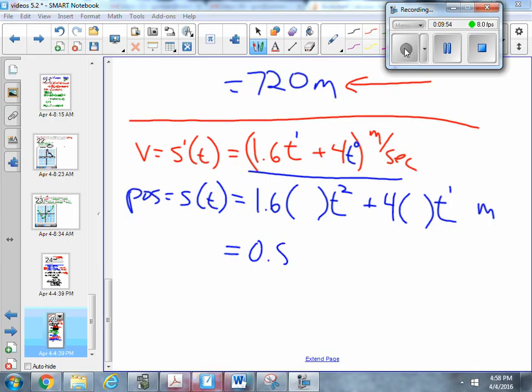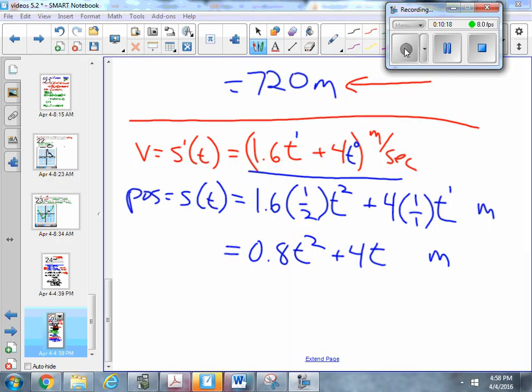0.8t squared, because this is going to be a 1/2, this is going to be a 1 over 1, plus 4t meters. And I happen to know that the bottom is 720 meters. So how much time is it going to take to get to 720 meters?